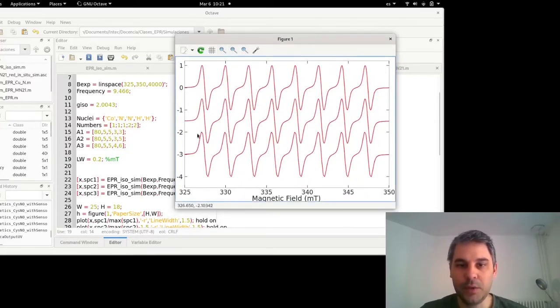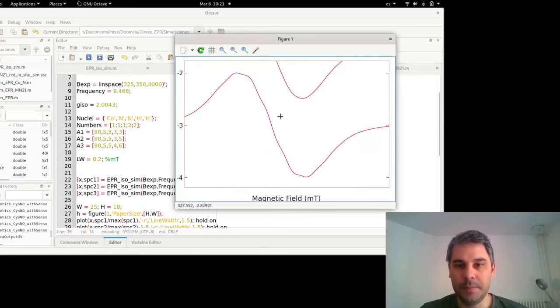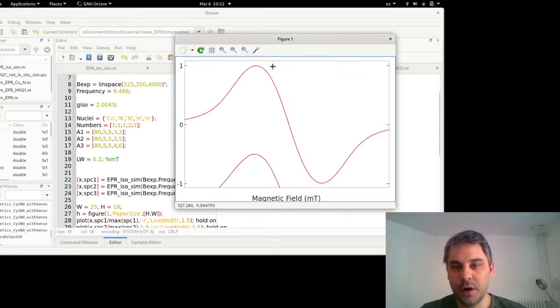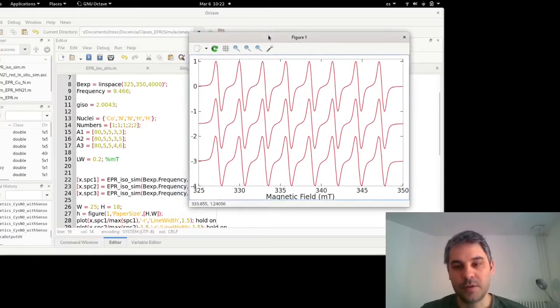So the line width in many cases is simply the result of many partially unresolved small hyperfine splittings from many active nuclei like nitrogens, hydrogens, and even from the solvent.